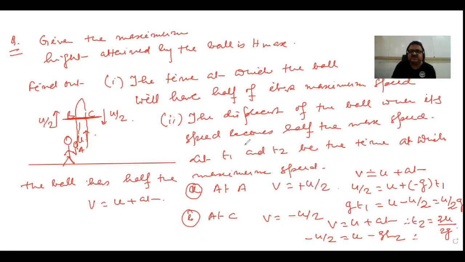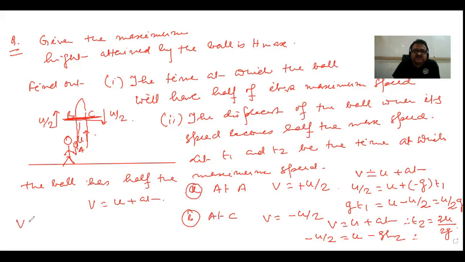Now the next task is, what is the displacement? Now look, at this point, when it reaches half of the maximum speed, we need to find out the value of s. So what I'm going to do here is apply the formula v square equal to u square plus 2as. What is the advantage of using that formula here? Look at this.